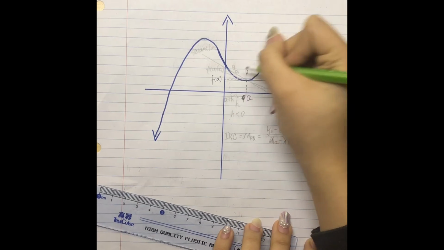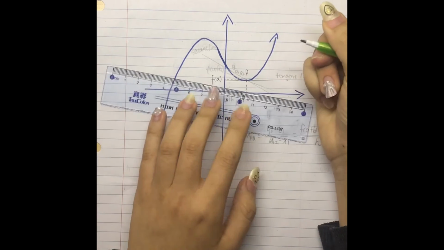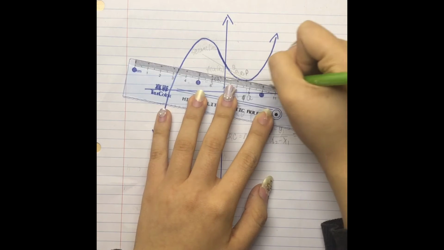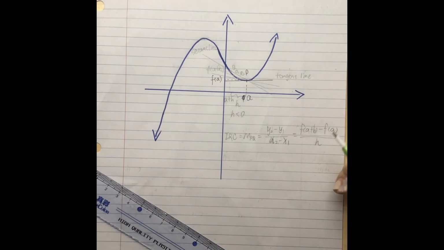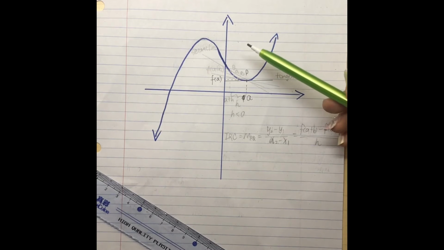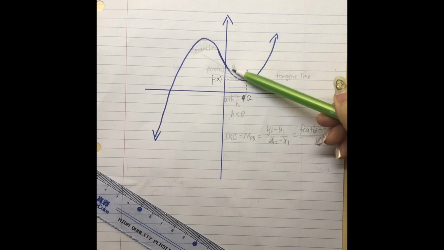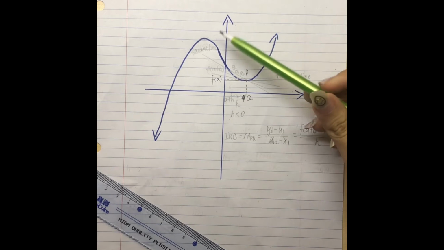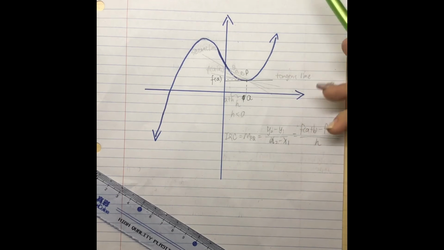Move right a little bit again. Its point is Q2. Connecting, we get another secant line. We can see that as point Q approaches point P, the secant approaches the tangent.